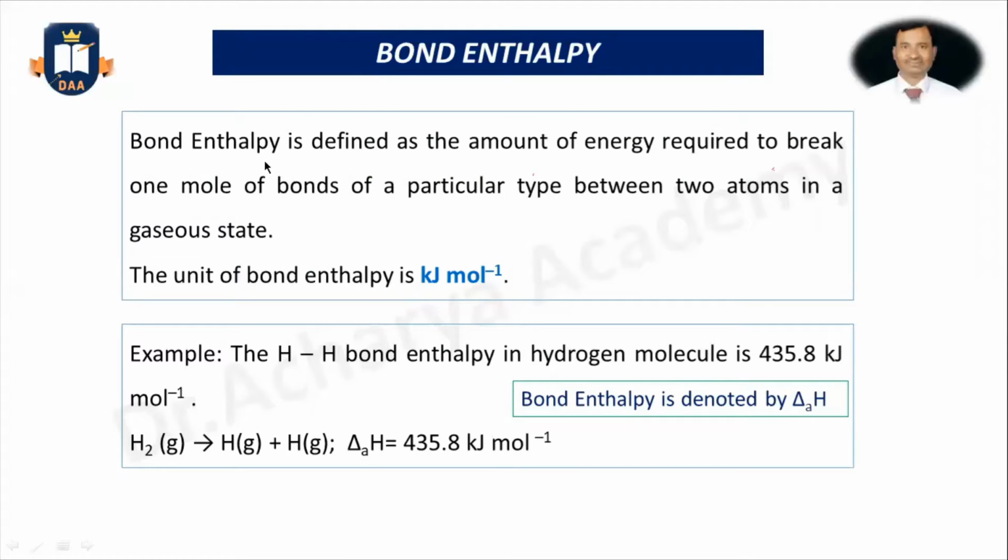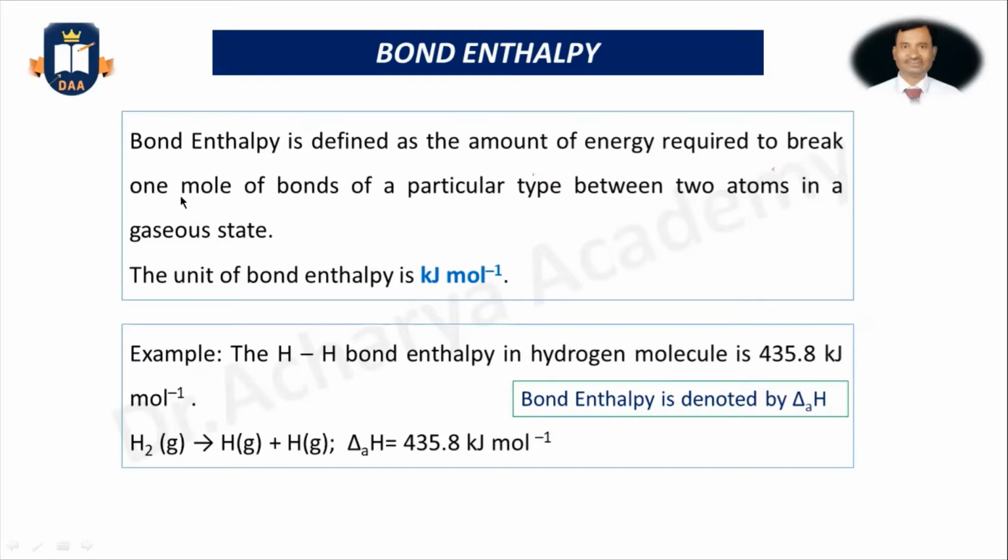Bond enthalpy is defined as the amount of energy required to break 1 mole of bonds of a particular type between two atoms in a gaseous state. This is the definition of bond enthalpy.